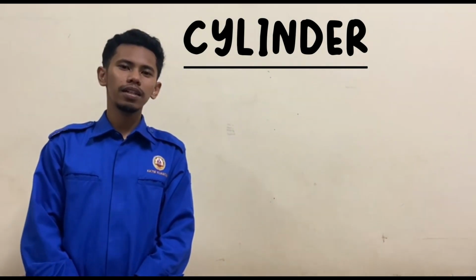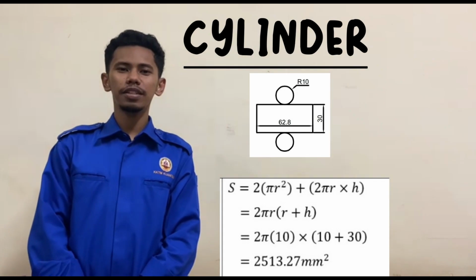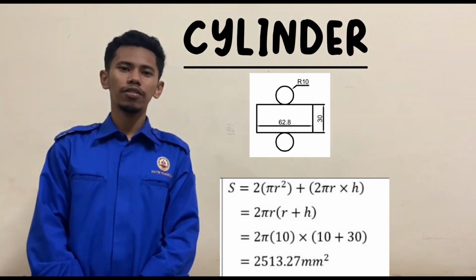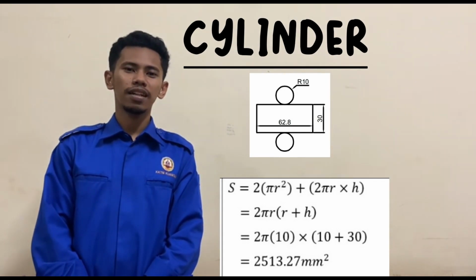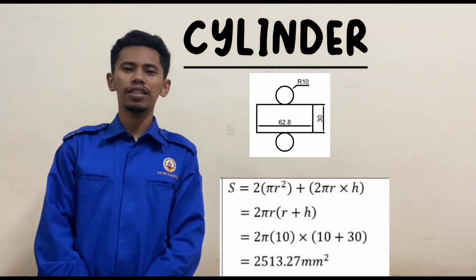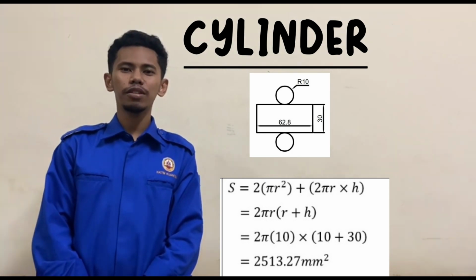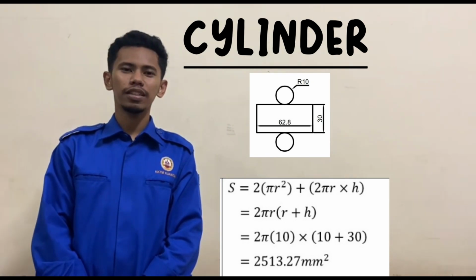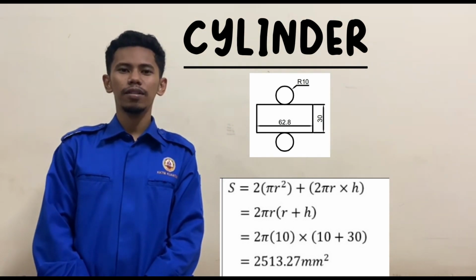Next, for the other cylinder, we use the same equation but different values of r and h, where r equals 10 and h equals 30. When we substitute into the equation, we get 2,513.27 millimeters square.